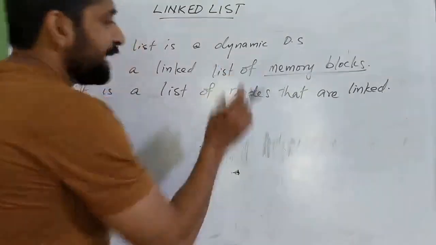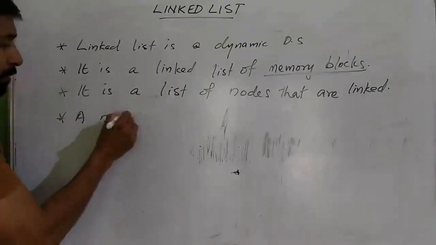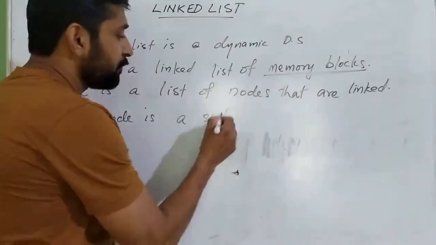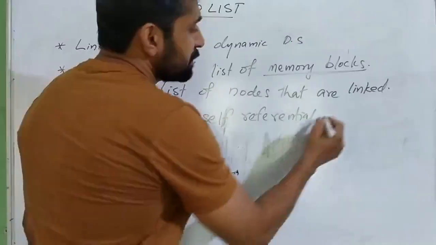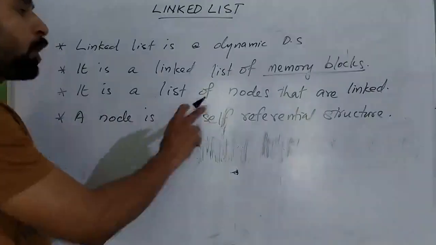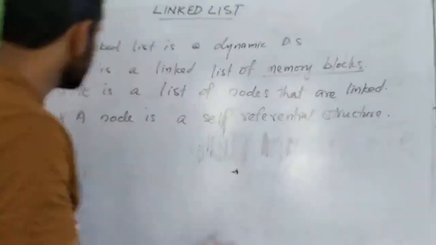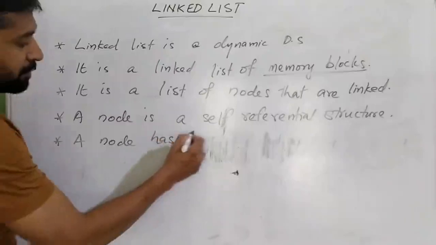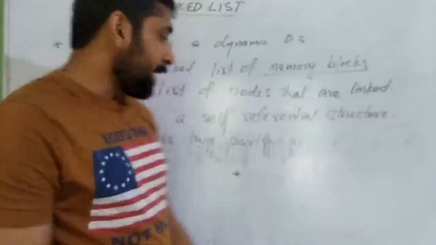Now, what is a node? A node is a self-referential structure. A node has two parts.